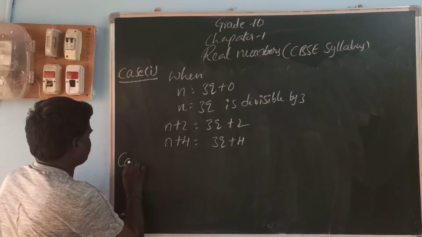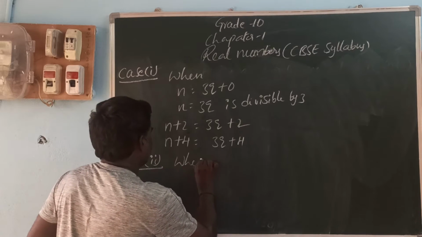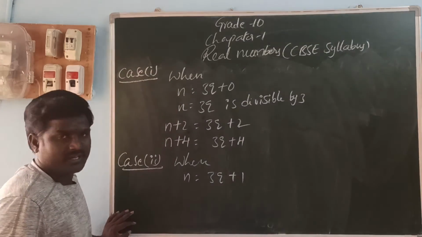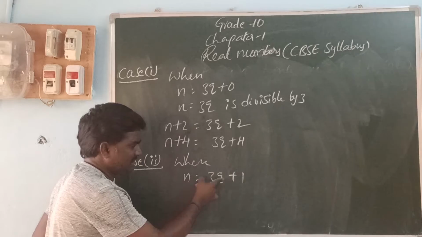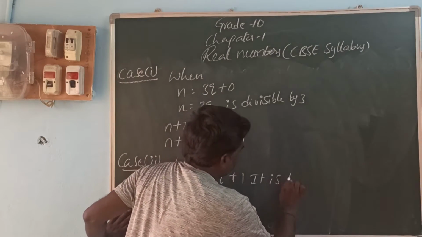Next, case 2: when n is equal to 3q plus 1. Here, when n is equal to 3q plus 1, it means that when n is divided by 3, the remainder is 1. So it is not divisible by 3.